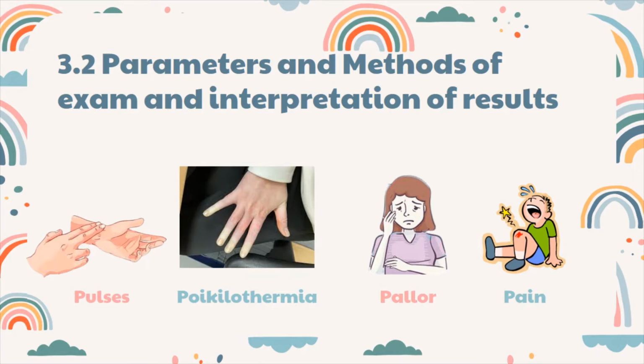And next is pallor, or the skin color. Compare the color of the skin bilaterally. Observe and consider the patient's usual skin tone and any skin conditions while performing the assessment. Cyanosis can be present differently in different skin tones. Pallor or cyanosis may indicate inadequate arterial supply.